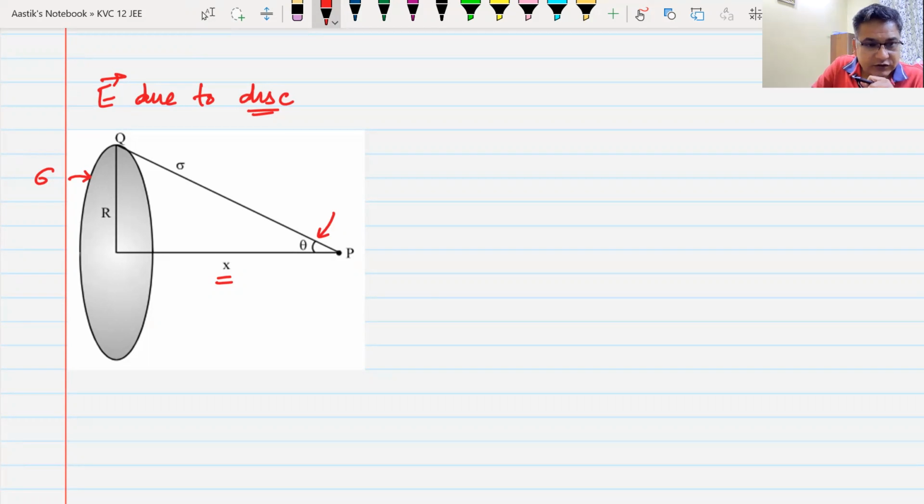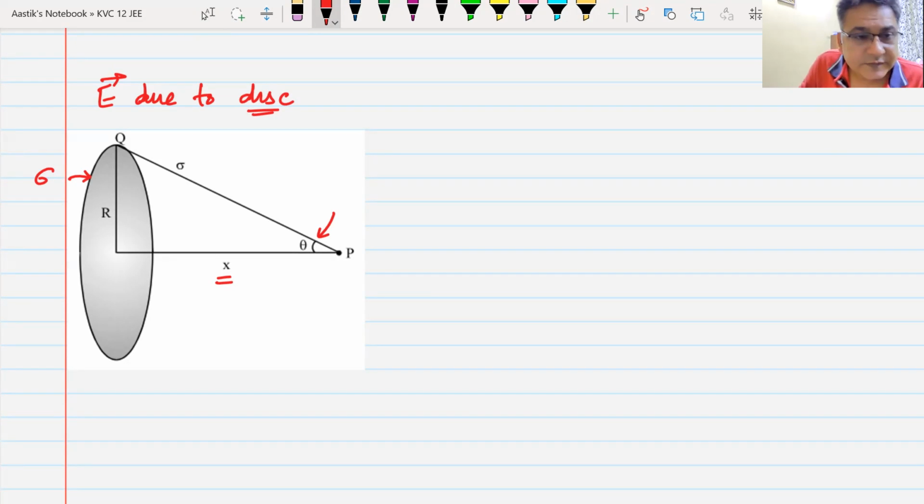What is the electric field due to this disk? Sigma by 2 epsilon naught of 1 minus x by root over x square plus r square.